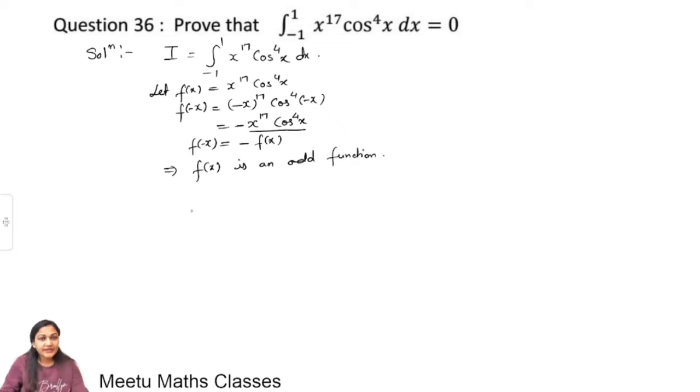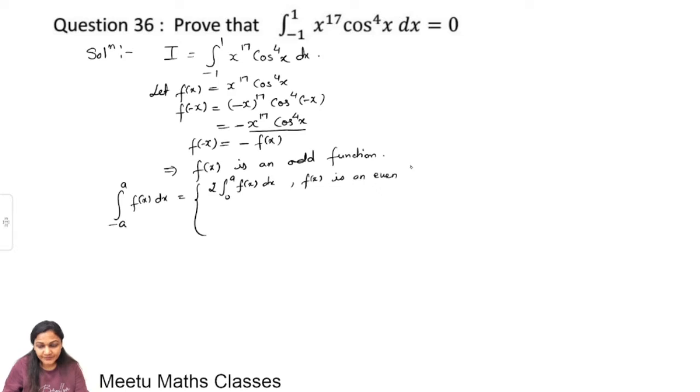Now there is a property that between minus a to a, if you have to integrate your f(x), this can be written as 2 times integral 0 to a f(x) dx if f(x) is an even function, and this integral is equal to 0 if f(x) is an odd function.